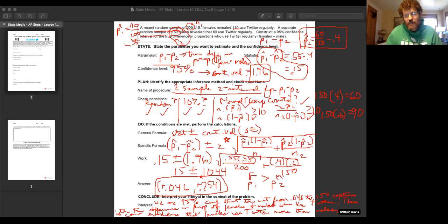Now, I can only make that conclusion because my entire confidence interval was positive, just like we were talking about before. If it went negative to positive, I could not state what I just stated there. We could not be confident that females use it more than males because there's a possibility that males actually use it more. All right, hopefully that's clear.